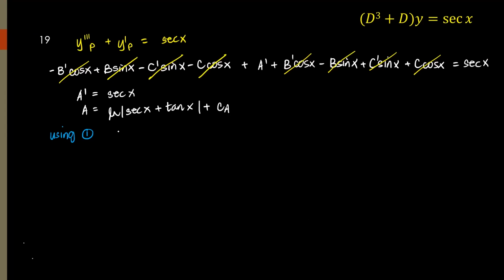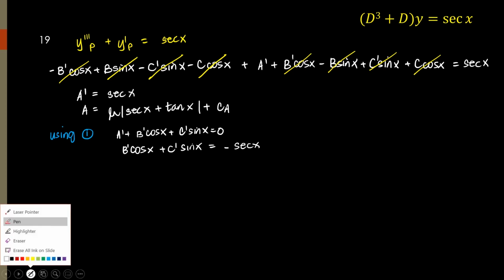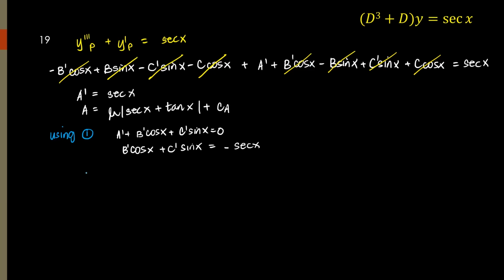So a prime plus b prime cosine x plus c prime. But I already know what my a prime is. Therefore, I can say b prime cos x, c prime sine x is basically, all right.